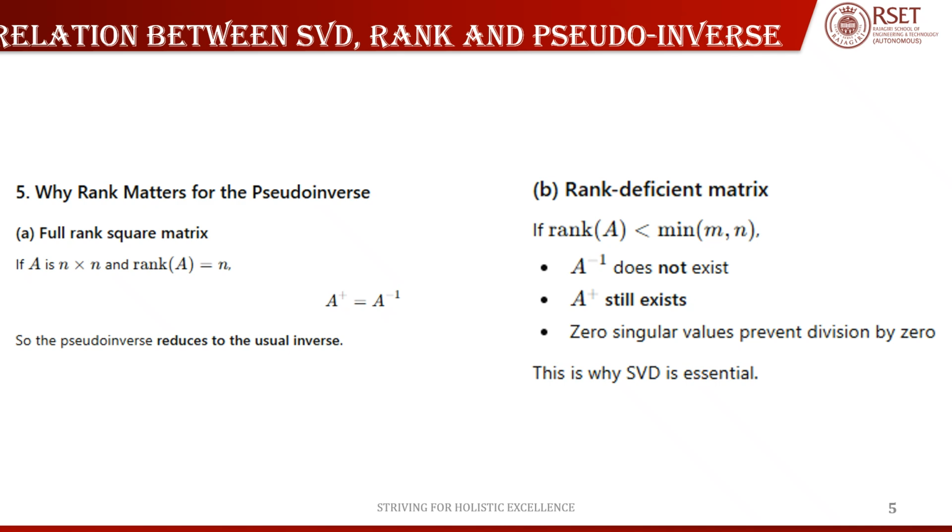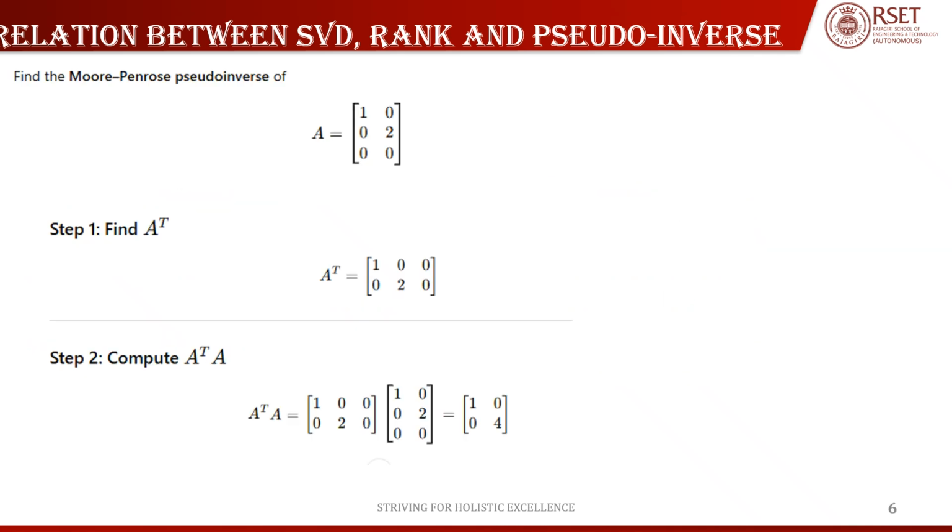Now we'll do a problem to find the pseudo inverse of a given matrix A equal to [1 0; 0 0; 0 2]. First we'll have to find V, we'll get U, and also we'll have to get sigma. Then we'll find sigma plus and do the product to get the pseudo inverse.